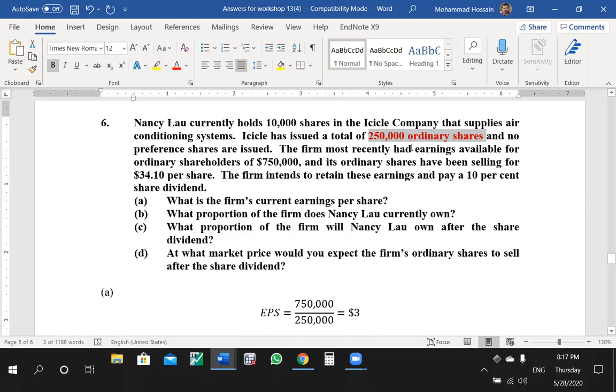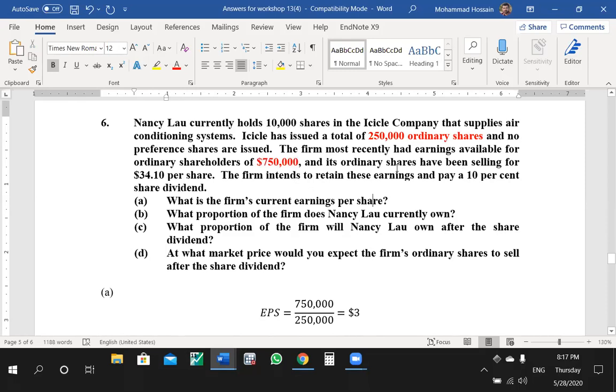Nancy is one of the shareholders who has 10,000 shares. No preference shares. The firm most recently had 750,000 of earnings available for ordinary shareholders to distribute. So 750,000 divided by 250,000 is $3 earnings per share.